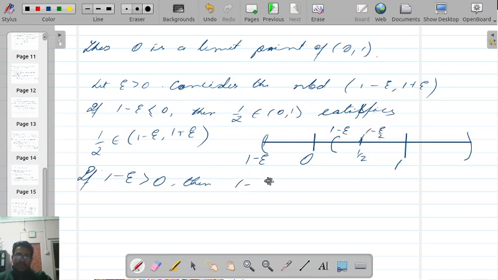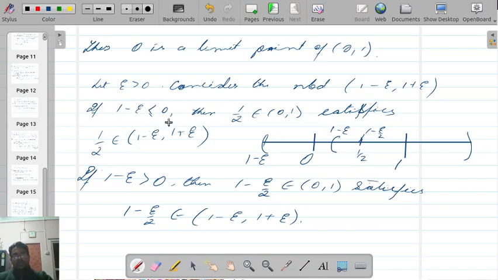Then 1 minus epsilon by 2 is a point inside (0,1), because in that case it will be greater than 0 but less than 1. It also belongs to (1 minus epsilon, 1 plus epsilon).